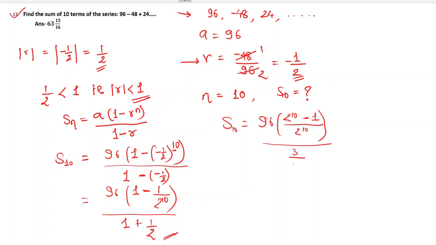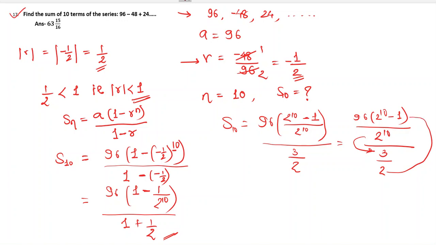It is 3 by 2. Simplify this further. Multiply 96 in the numerator: 2 raised to 10 minus 1 the whole upon 2 raised to 10, the whole upon 3 by 2. So this 2 raised to 10 will come down, and this 2 will get multiplied in the numerator.